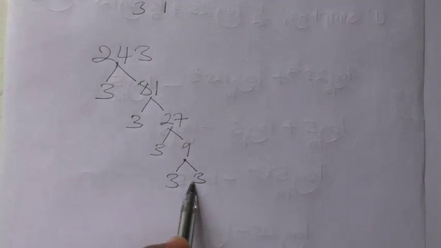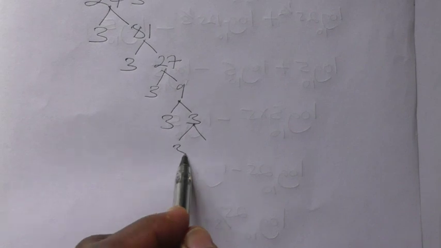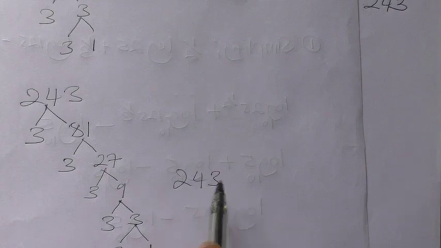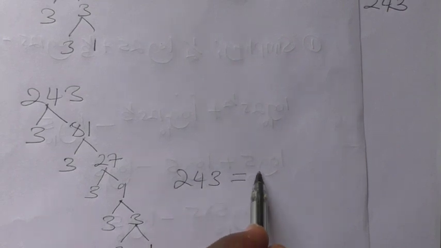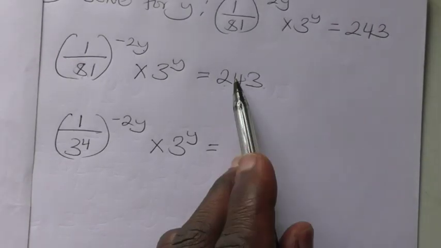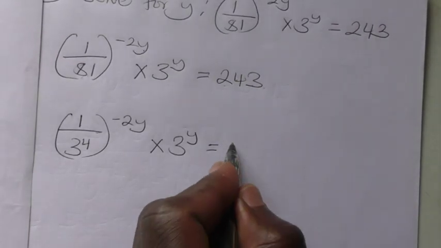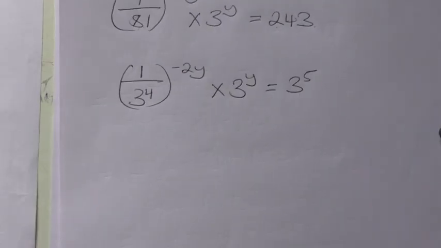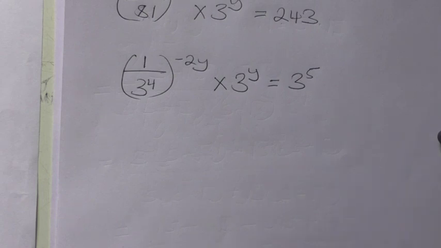By 3 we get 3. And by 3 we come to 1, meaning that 243 is the same as 3 power 5. So we replace 243 with 3 power 5. Now we have all bases in the form of base 3.